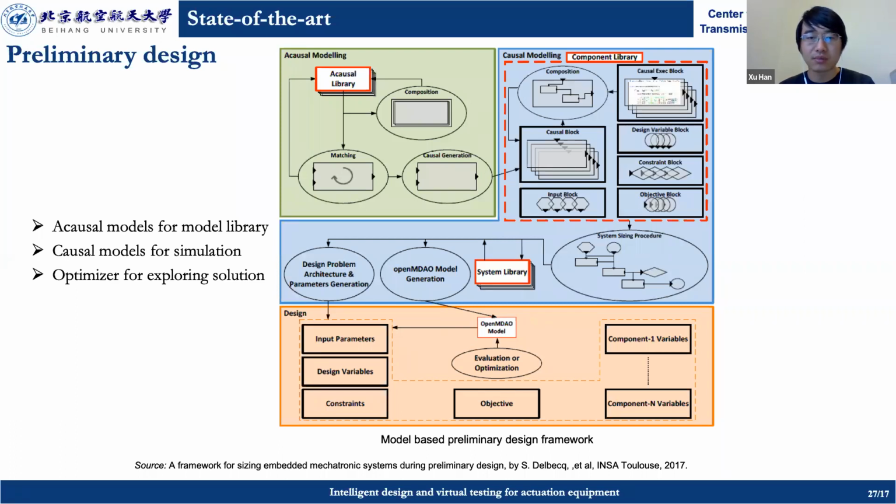We take blocks from the library and assemble the actuator model and then start the simulation. The simulation is controlled by an optimizer, which can automatically search for better performance solutions with limited time. This can't be achieved by a human designer because a human can't have hundreds or thousands of iterations of the design. Next slide, please.